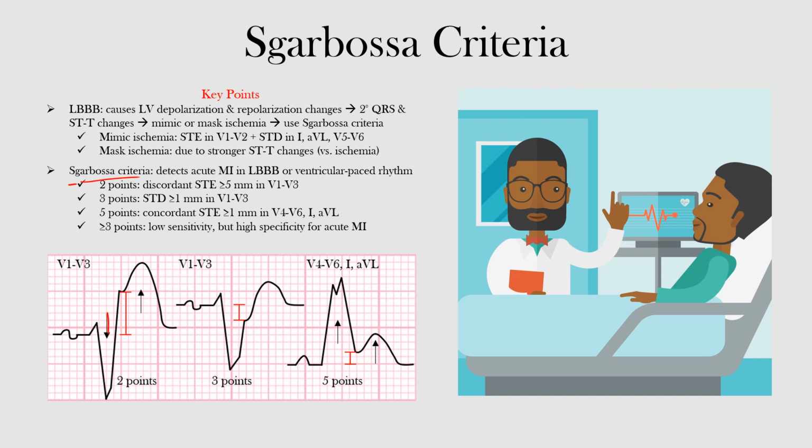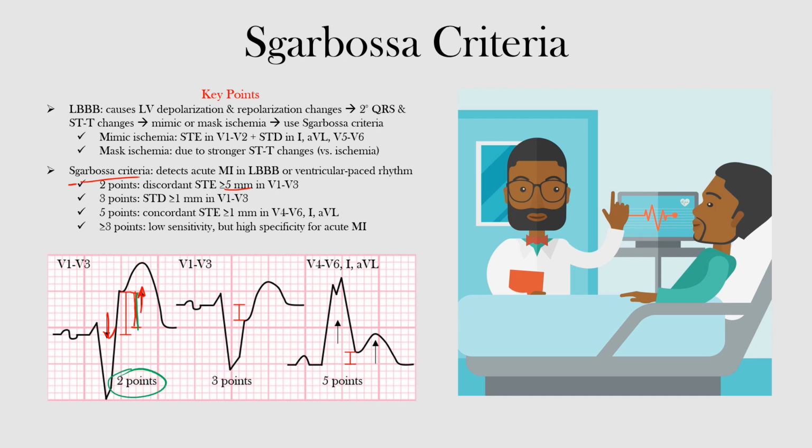So here's our QRS complex going mainly downwards, and our STT waves going mainly upwards. We call that discordance, and we want not only that discordance to be present, but also ST elevation of at least 5 millimeters, which is 5 small boxes, and we can certainly see that we have this present in this case. That's greater than 5 millimeters. So this would be 2 points for that.